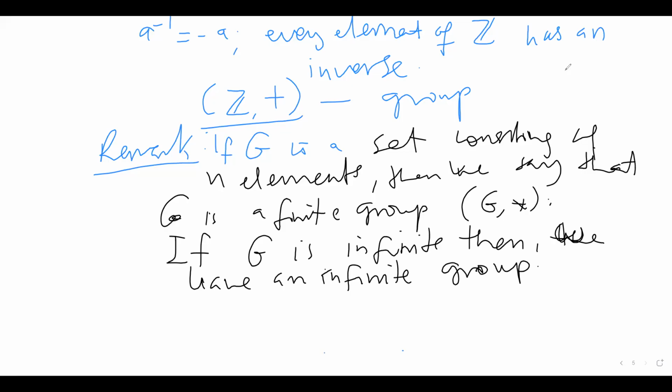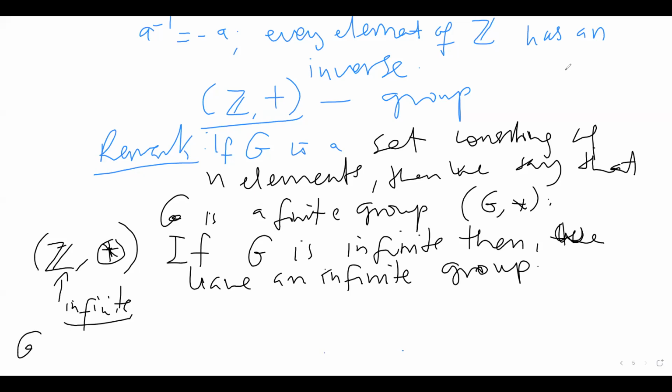So for example, if we write something like Z, and then we write plus to it, then we know that this is infinite. So we have created an infinite group.